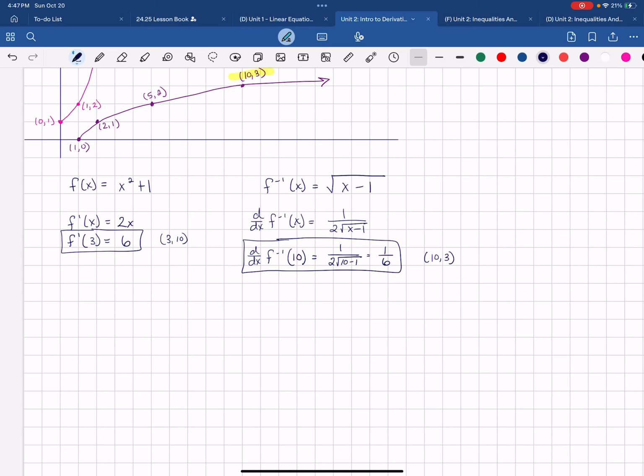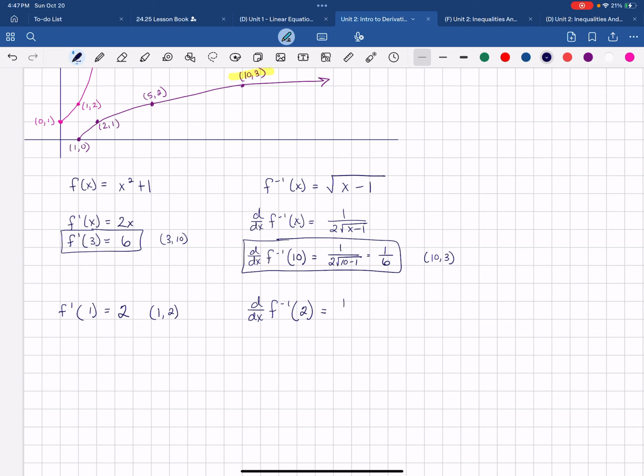Let's see if that happens anywhere else. Let's find f prime at 1. F prime at 1 is 2. That's the ordered pair (1, 2), right? For my inverse function, my input would actually be 2. So I'm going to find d dx of f inverse at 2.